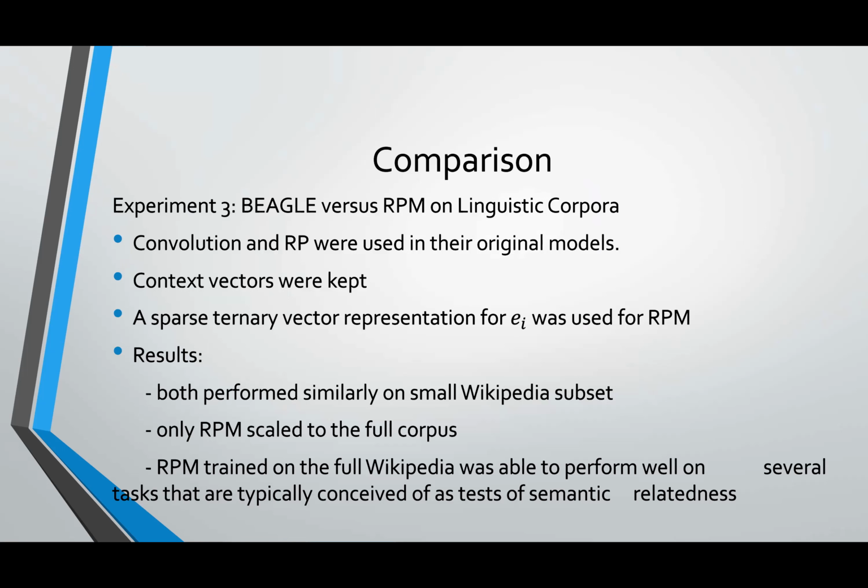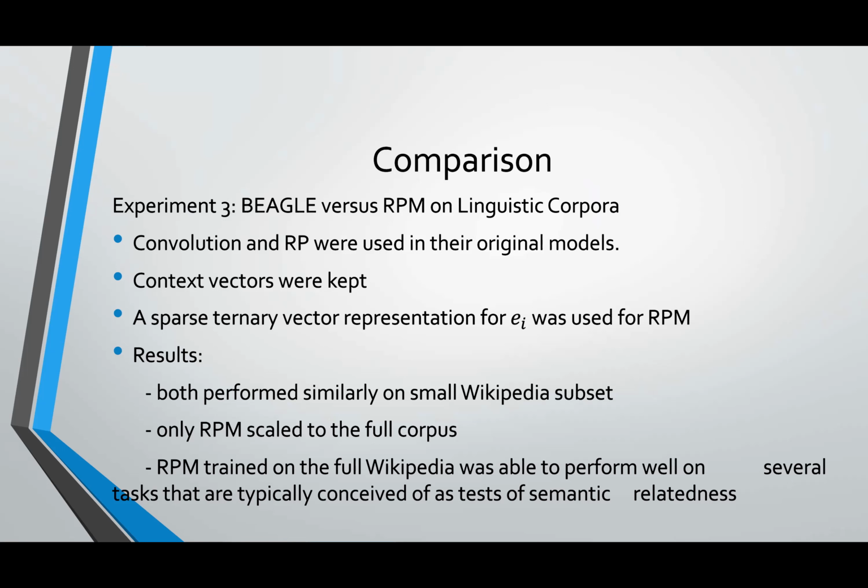So in this experiment, experiment 3, the experiment utilized convolution in Beagle and random permutations in RPM as they were originally designed. Also, they maintained context vectors in both models and employed a sparse ternary vector representation specifically for RPM.